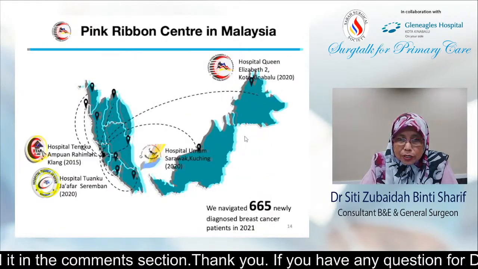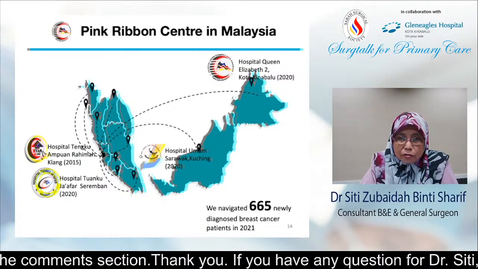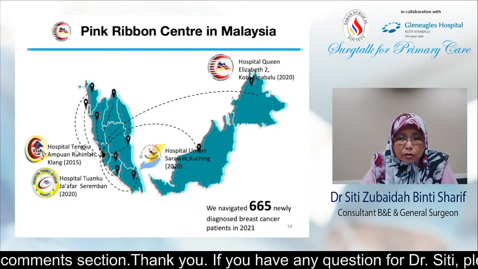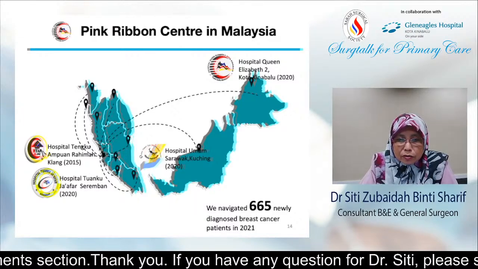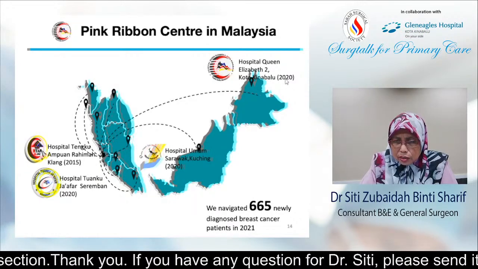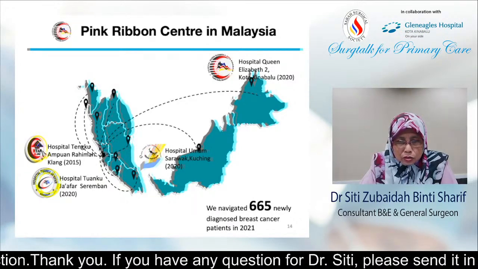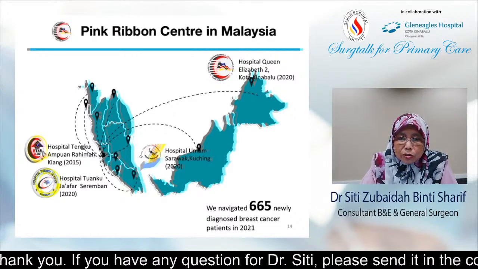So Pink Ribbon Centers in Malaysia, so far there are 4. It started with Hospital Tunku Ampuan Rahimah in 2015 and it expanded in 2020 to Queen 2 Hospital, Tunku Jafar in Seremban, and Hospital Umum Sarawak.